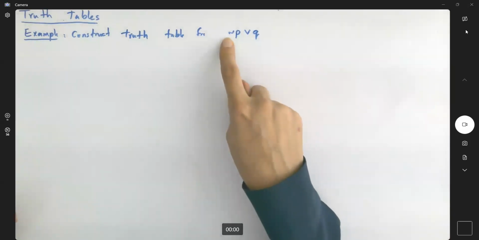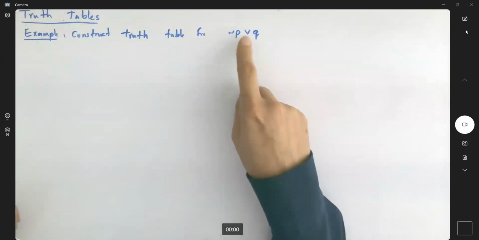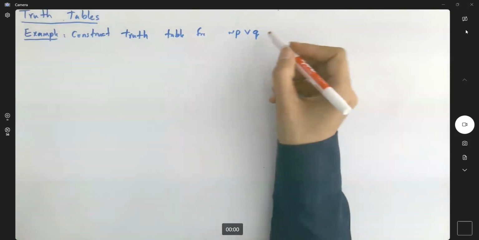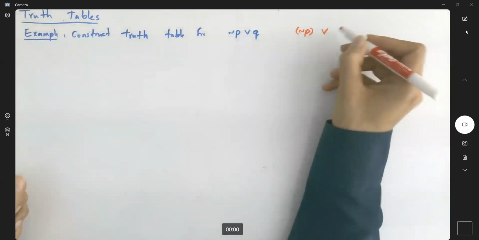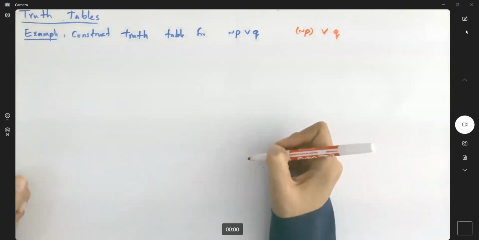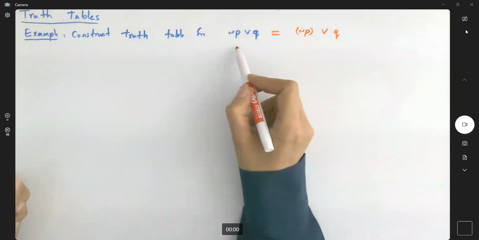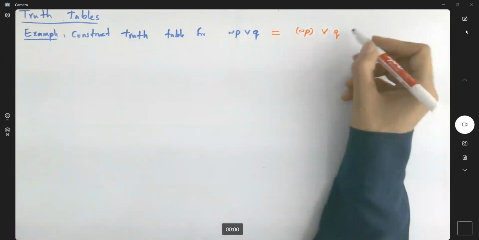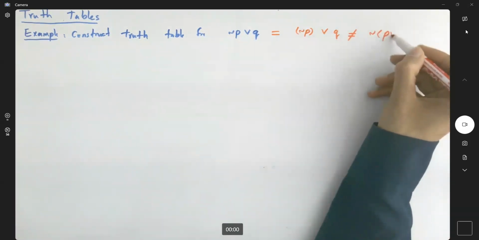So you might say, hey, this not belongs to P or Q. Guys, note that this is not P or Q. So this is the meaning of this statement: not belongs to P. This is different from not (P or Q).